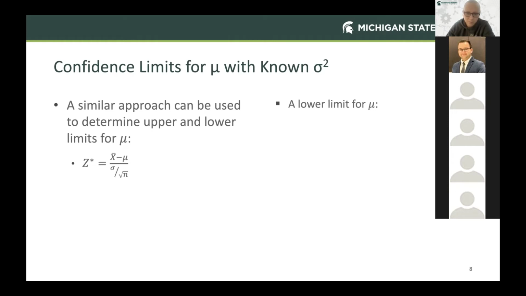In the case of the lower limit, we're just rearranging this. And so we're trying to determine whatever that smaller value is, that mu would be greater than 95% of the time. And so the setup here is similar to what you had seen on the preceding slide. The only principal difference here is that instead of 1.96, we now have 1.645, because that is the limit that corresponds to that 5% rather than the 2.5% on each side, okay?